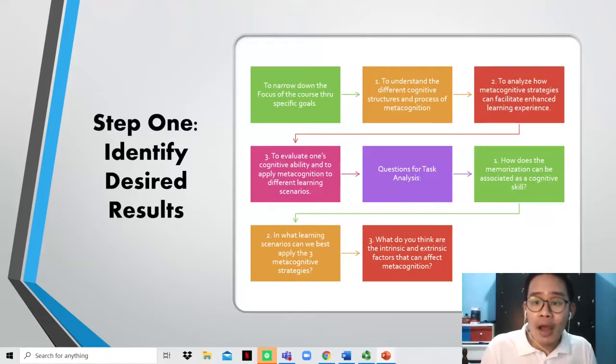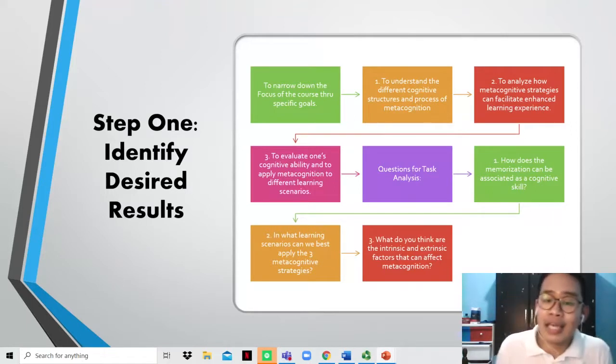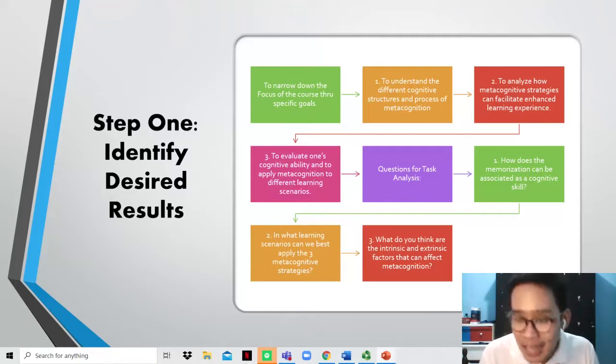Another one, number three, is to evaluate one's cognitive ability and to apply metacognition to different learning scenarios. Apart from these goals, I also have some questions to be answered during my task. These are the questions for task analysis.